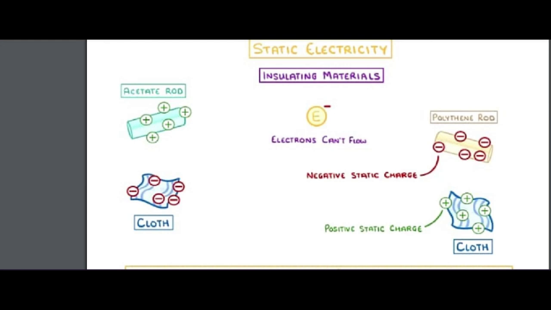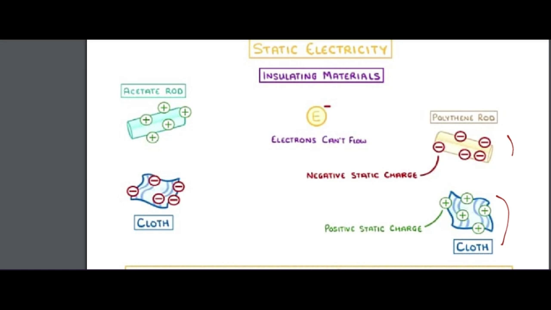For example, if we take a similar cloth and use it to rub an acetate rod instead, then the electrons would get rubbed off the acetate rod, leaving it positive, onto the cloth, making it negative.